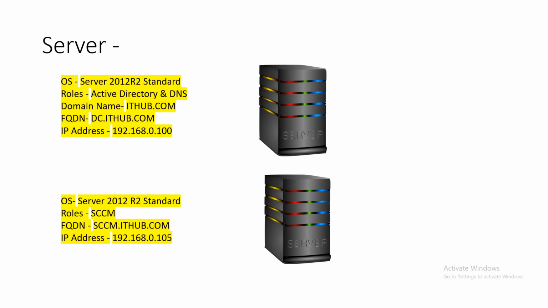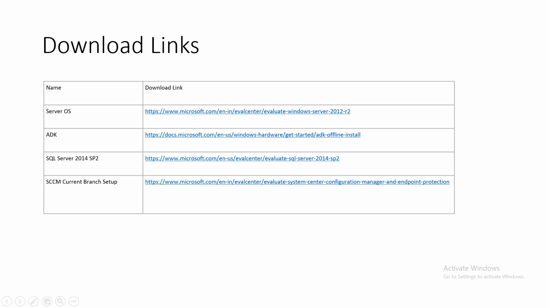You can download this version from the given link. Finally we should have the SCCM setup so that we can install it. You can download SCCM setup from this path, and it is free for 180 days.